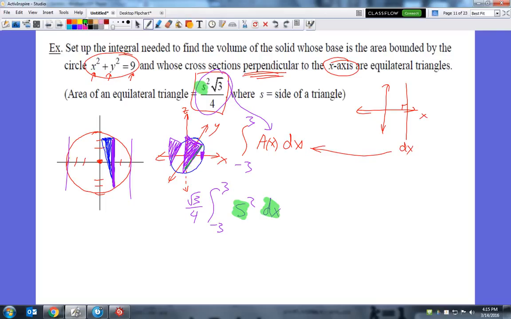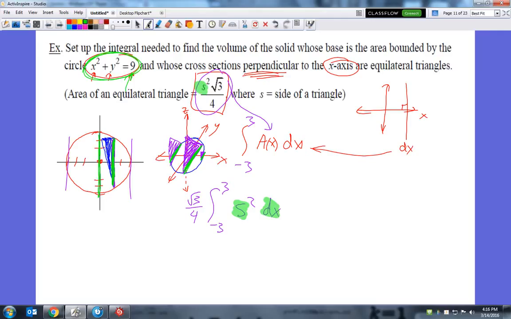So I could say this length right here is s, this length right here is s, and from an aerial point of view, it's that base right there.